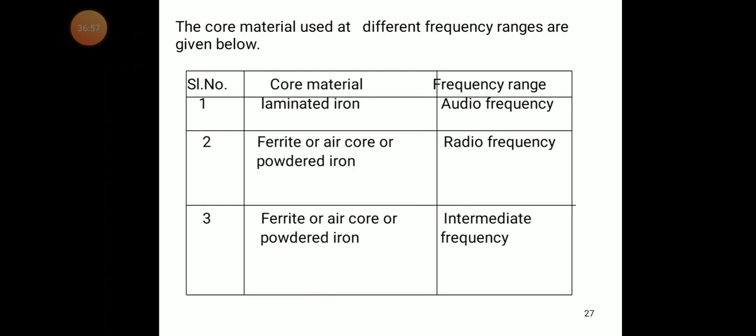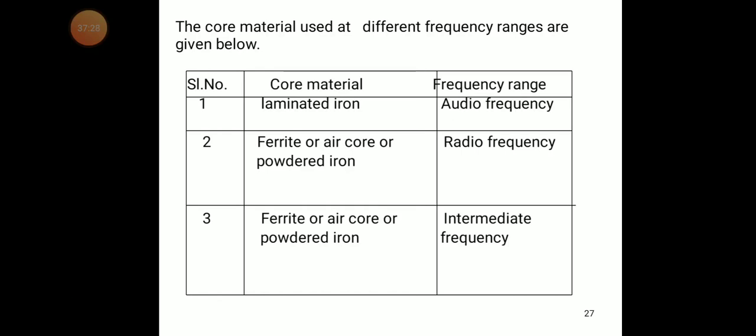This type of laminated iron core is used for audio frequency. Whenever we are using audio frequency inductors and transformers, we use laminated iron as the core. The next one is ferrite or air core or powdered iron. These three we can use for the radio frequency.